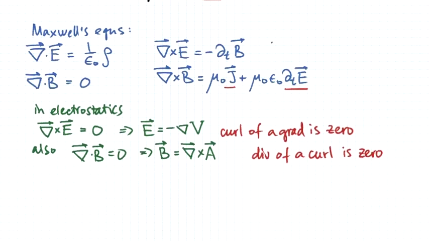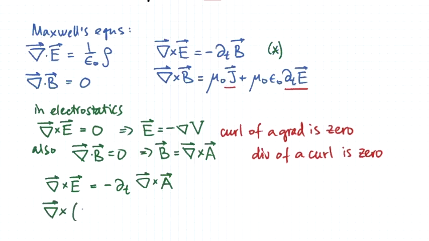Now let's substitute this definition inside the third Maxwell equation, and then we can write that curl of electric field is given as negative partial time derivative of curl of vector potential A. Or, if we rearrange this, we can write that curl of electric field plus partial time derivative of vector potential A is equal to zero.